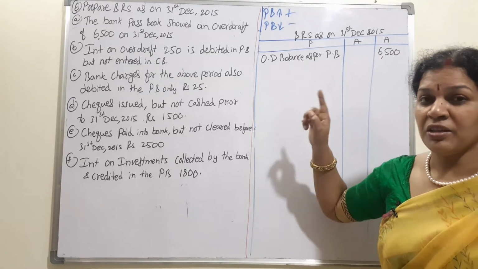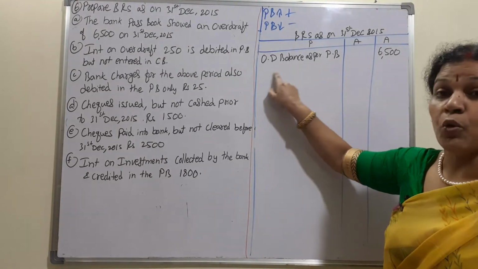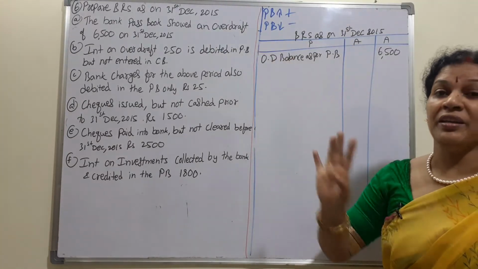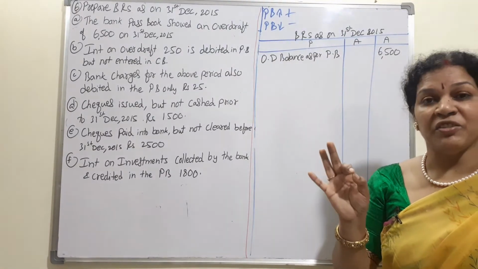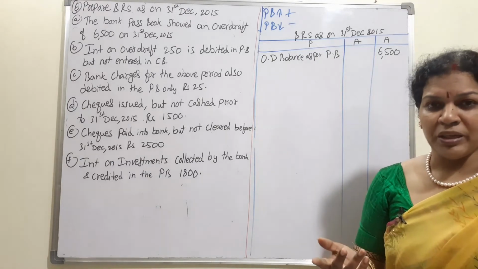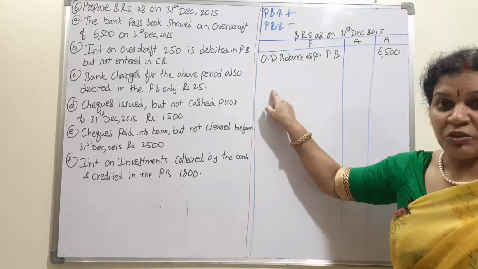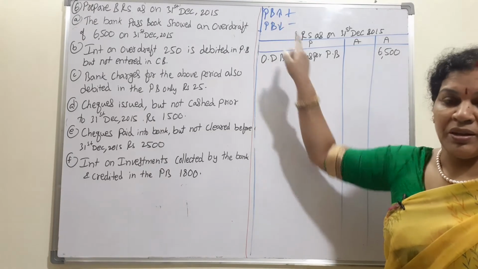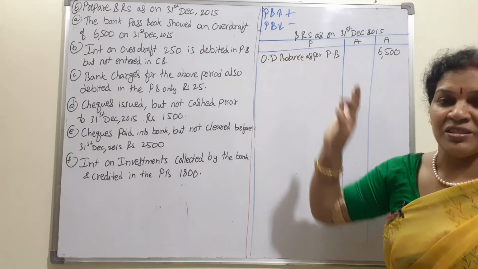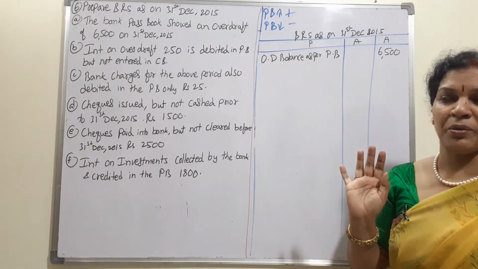But now the passbook overdraft is given, that is why we are taking the passbook only. Don't go for the cash book. If it is a normal favorable balance, then we can take the opposite book, that is the cash book. But now it is overdraft, and overdraft means same book. Passbook is more, add. Passbook is less, deduct. On this basis we are going to work out the problem.